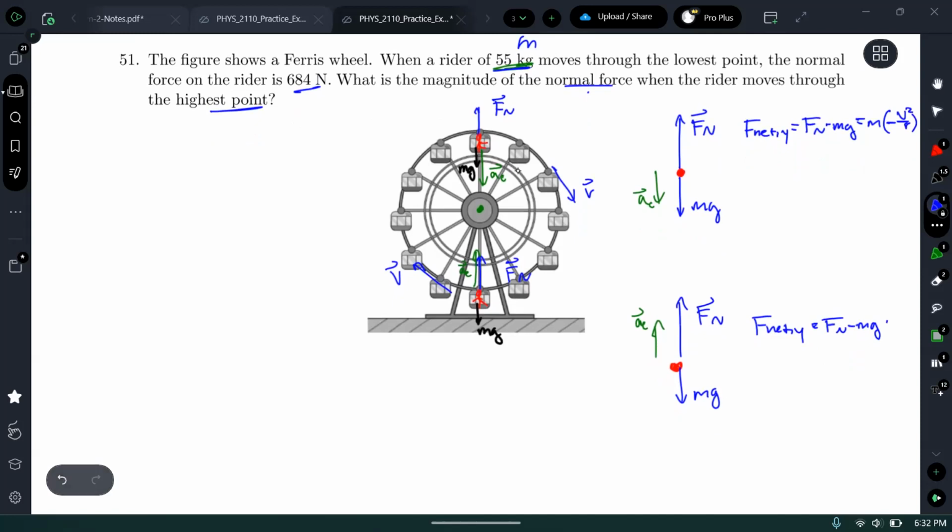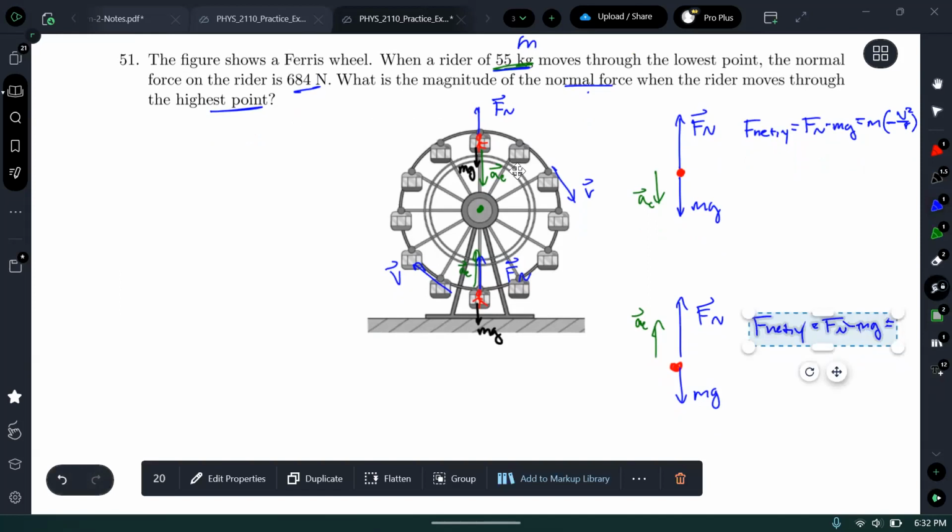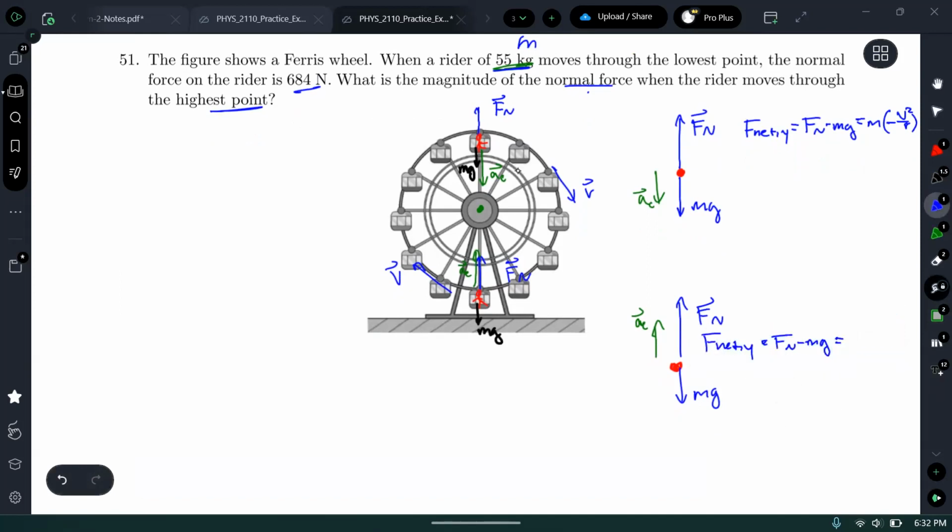For the guy at the bottom, centripetal means up because that's where the center is for him, above him. And so it's mass times positive v squared over r. R and V are the same for each because R is just the radius of the Ferris wheel, or at least up to wherever the guy's sitting. And then V, we had to assume, is a constant speed.